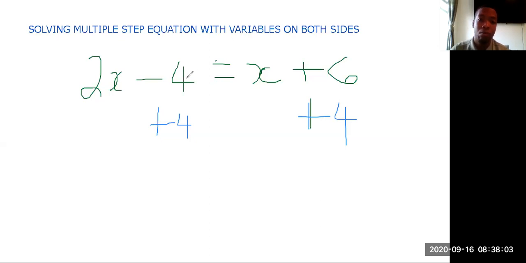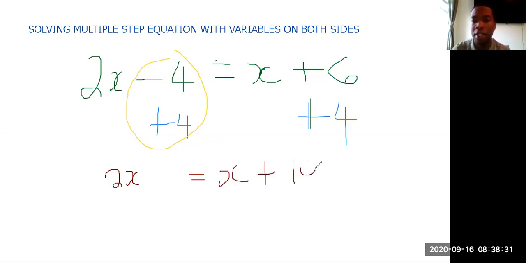Then we're going to simplify. This right here is 0. The additive inverse is always equal to 0, period. All right? There's no questions, no comma, no pause. Always equal to 0. So then this right here is 10. So if I'm going to simplify, I'm going to have 2x is equal to, I don't need to put the 0 because it's 0. 2x is equal to x plus 10.